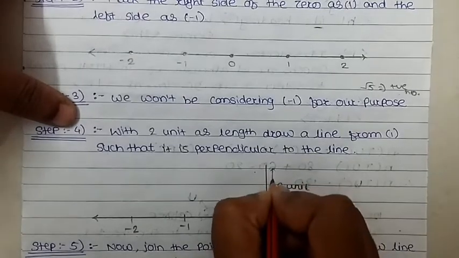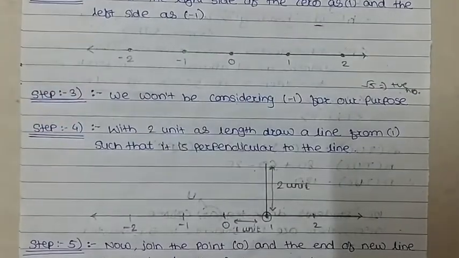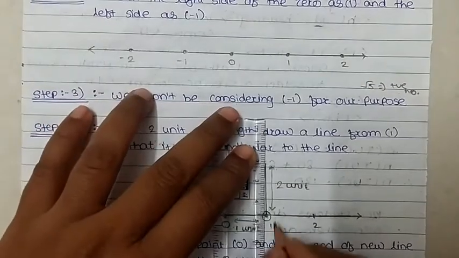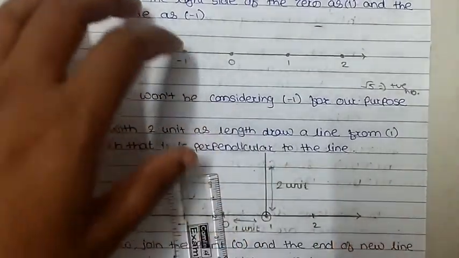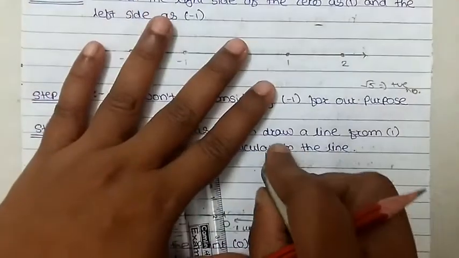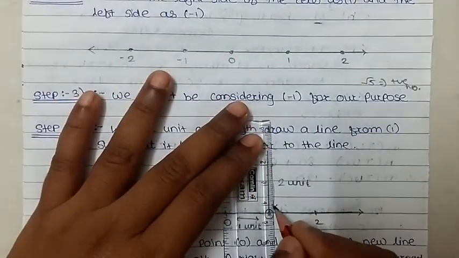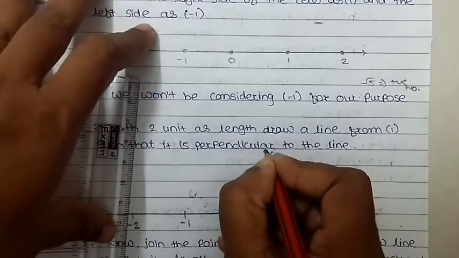Understand this one? Clear? It is somewhat big here, like this, because the total length is 2 units. The total length of this line is 2 units. Understand this?